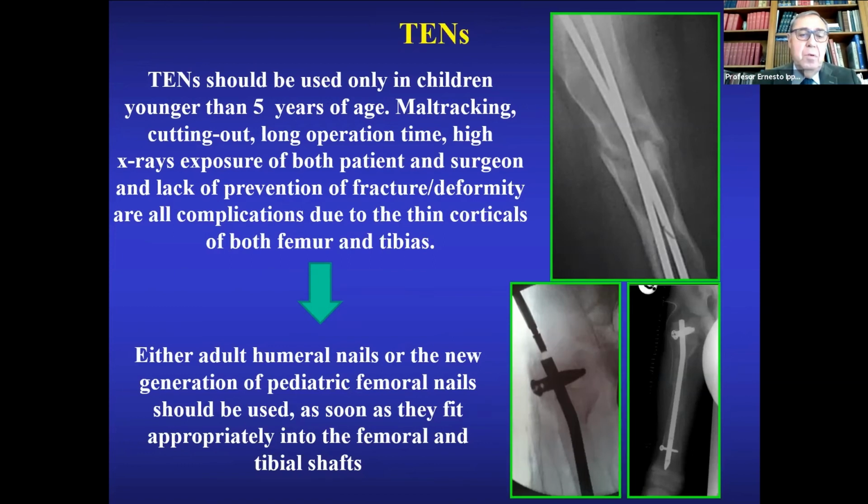For this reason, we believe that either adult humeral nails or the new generation of pediatric femoral nails should be used as soon as they fit appropriately into the femoral and tibial shafts.